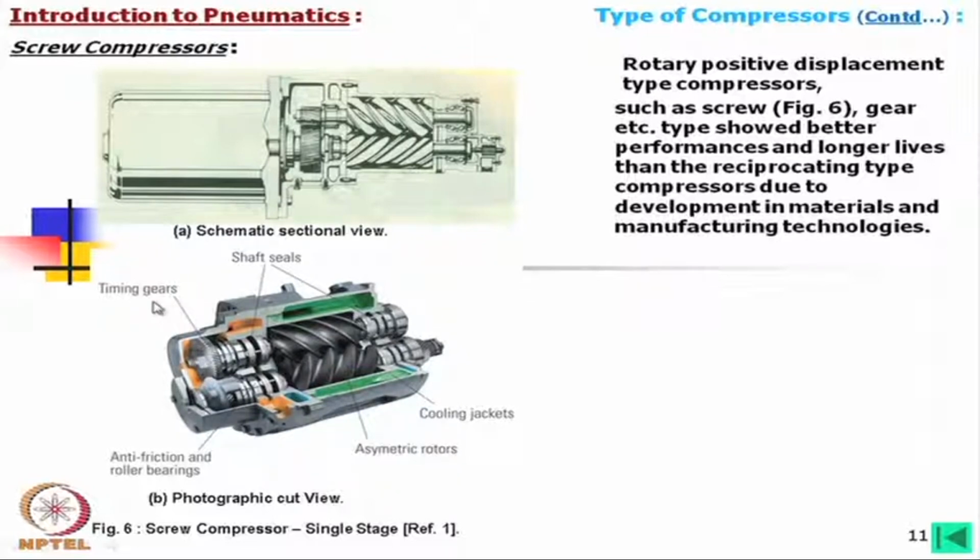And what we find, there is a timing gear, this is required for inlet outlet control. The cooling jackets are there, and these are asymmetric rotors, with anti-friction and rolling bearings used in between. Okay.